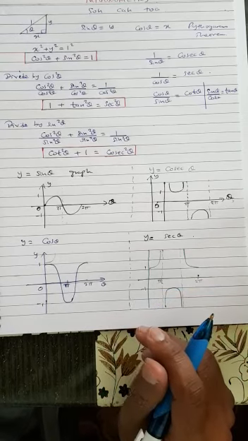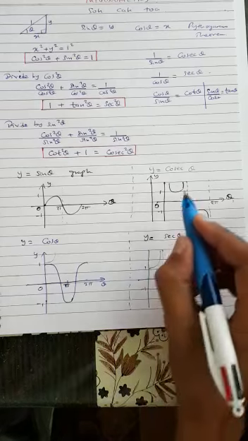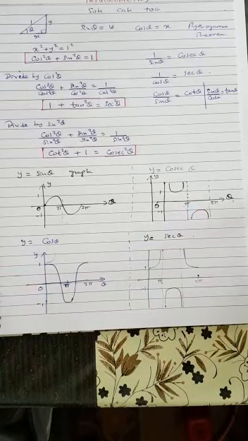If you look at 270 degrees, we know that pi radian is equal to 180 degrees.